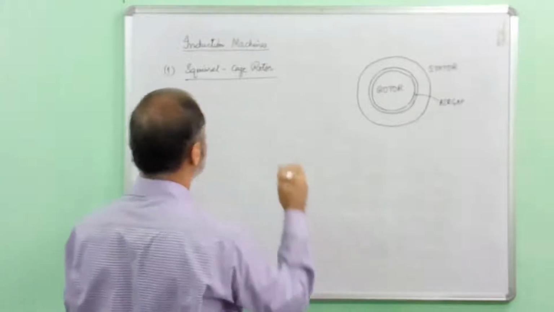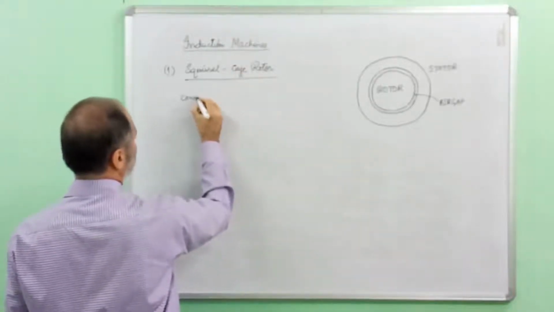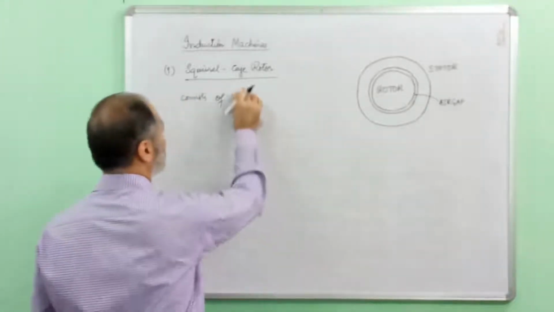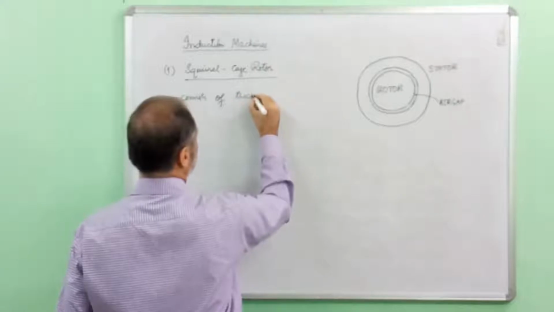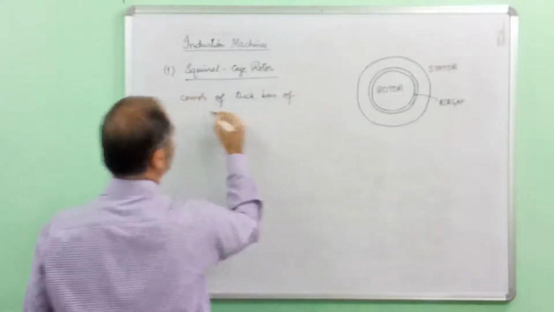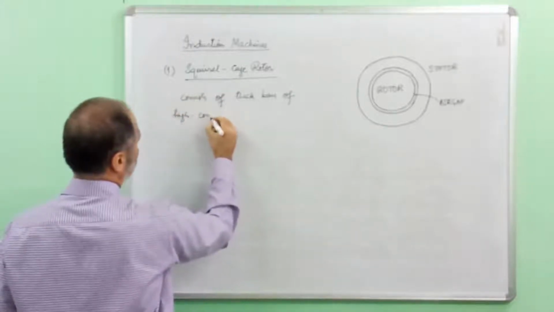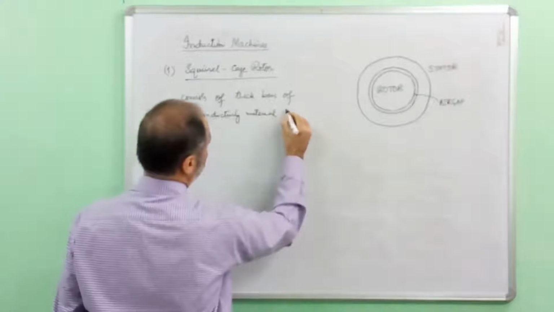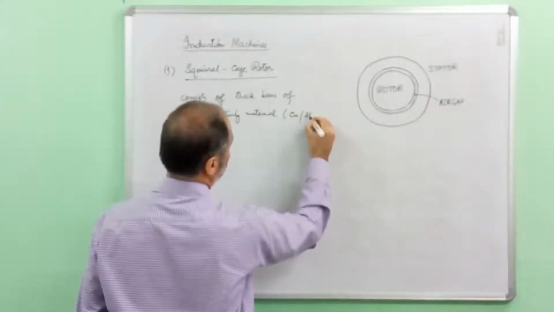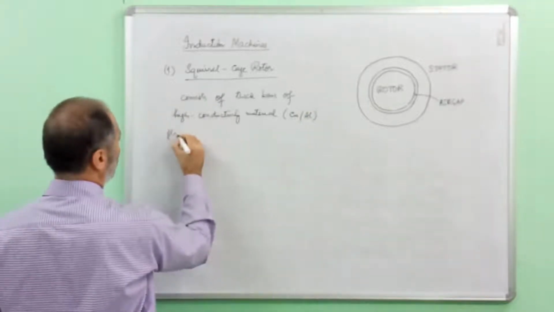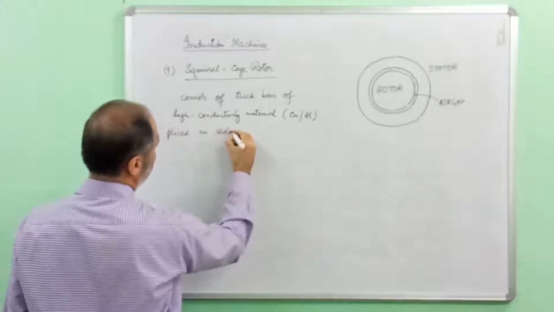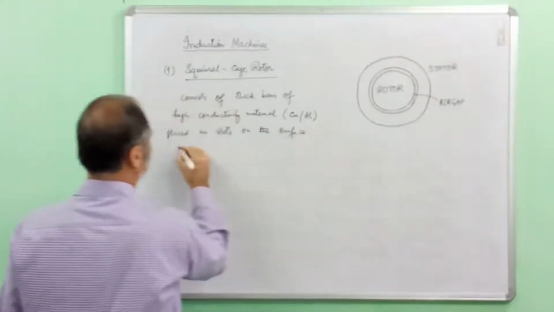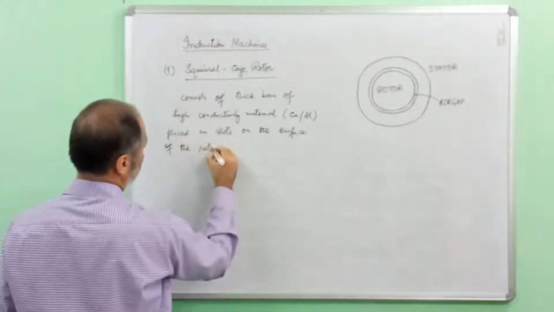This type of rotor consists of thick bars of high conductivity material, like copper or aluminum, placed in slots on the surface of the rotor.